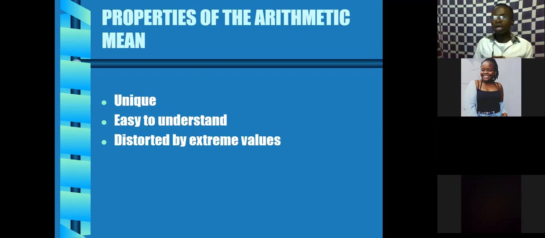Then in that case, all the values are below 50%. Then you find that when you calculate the average to see the general performance of students, the average mark is going to be somewhere around 40%.